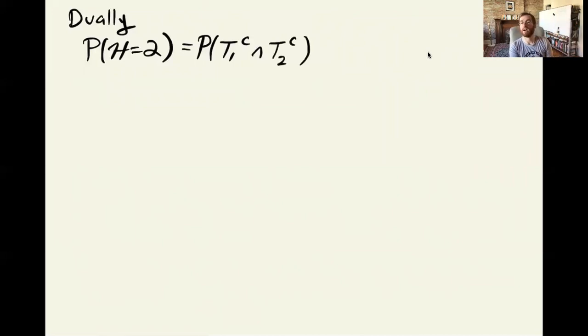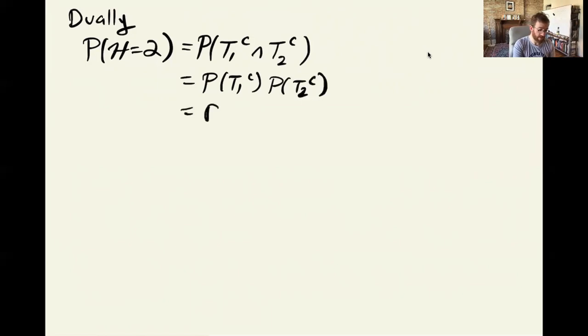Now, what's that? Well, again, by independence, it's the same thing as the probability of the first coin being a heads, second coin being a heads, which is, again, going to be a fourth.